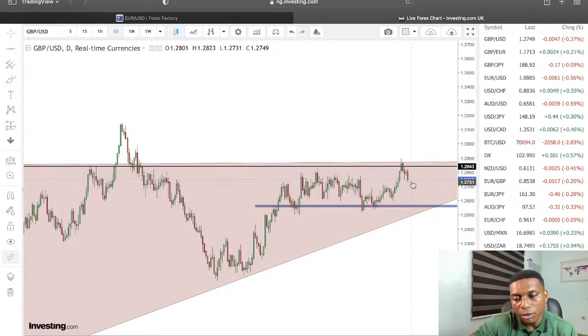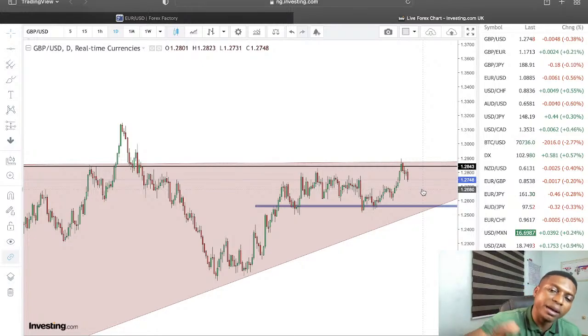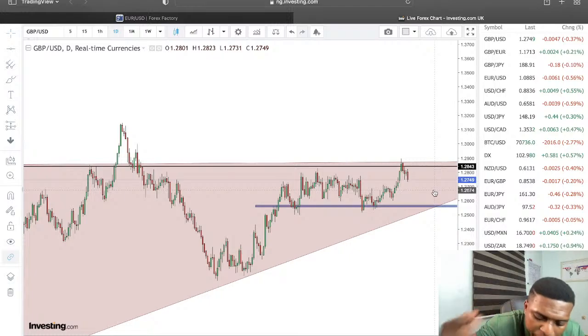Now we are seeing rejections coming in on price, and we might see the buy momentum slow down a bit before another movement of buyers.